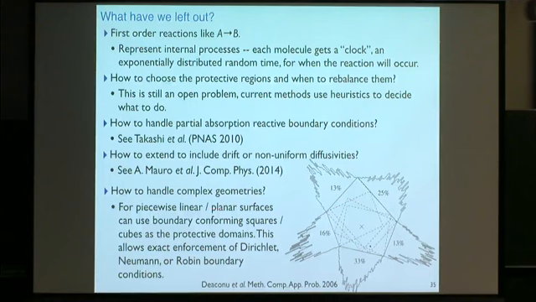The nice thing about this method is it can handle complex geometries. If you have a piecewise linear or planar domain, then when I'm near the boundary, I just make a protective domain that conforms to the boundary, like in this case, a square. I can solve the diffusion equation on a square. If this is Neumann, I still can solve it analytically. If it's Dirichlet, I can still solve it analytically.